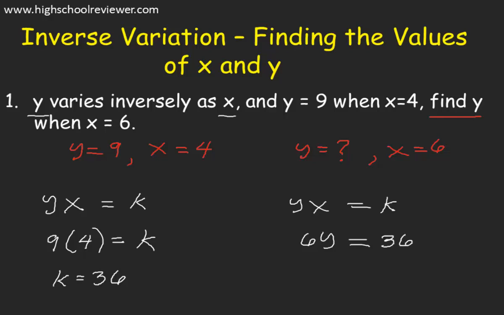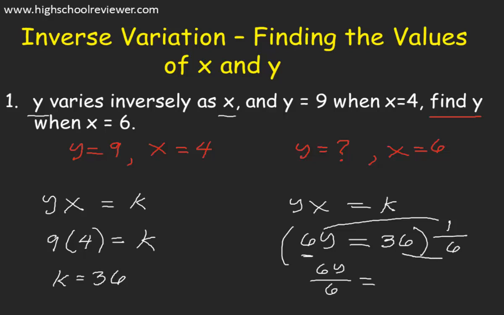To find y, we need to cancel out 6. To cancel out 6, just divide both sides of the equation by 6. So this will be 6y times 1 over 6, that is 6y divided by 6.